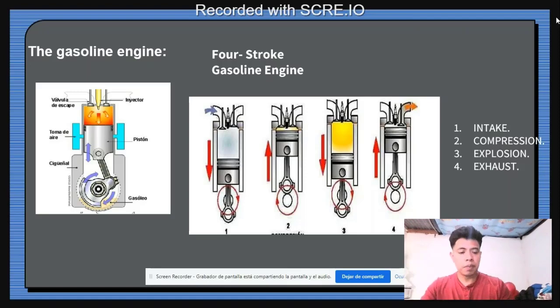The next topic is the four-stroke gasoline engine.